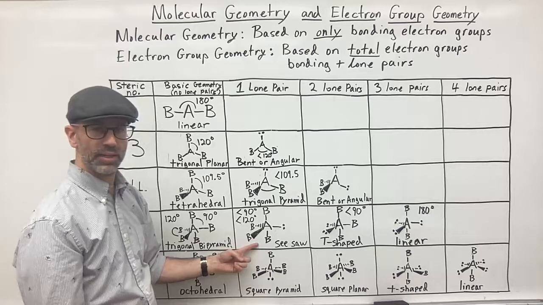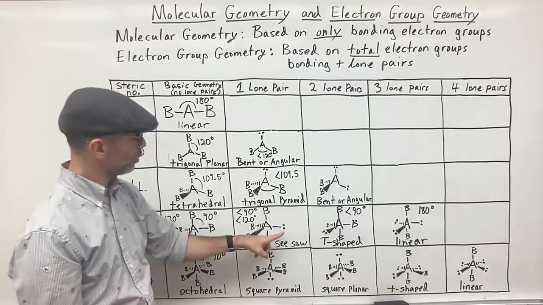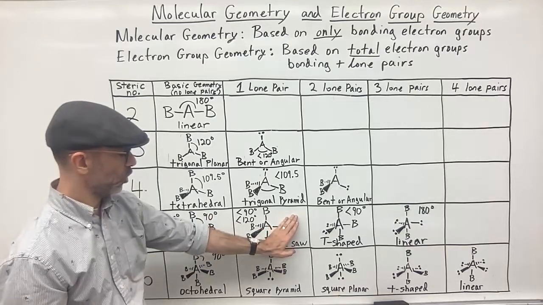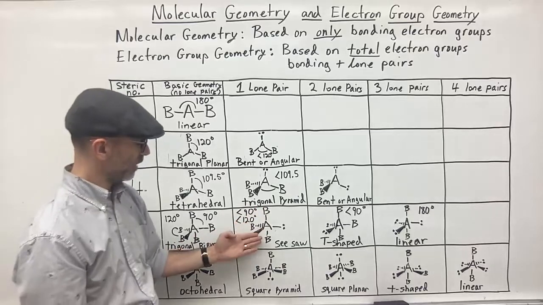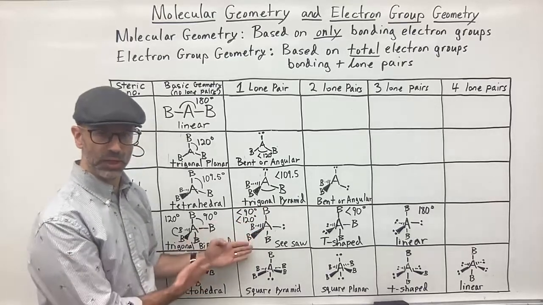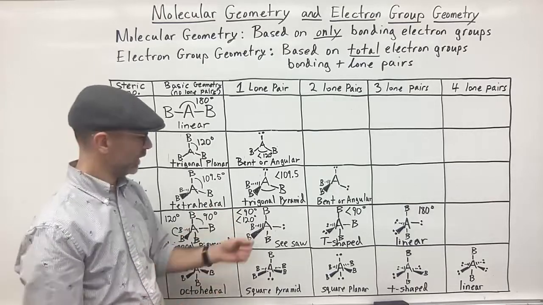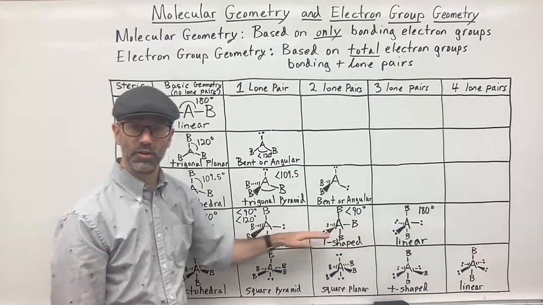That's going to be the trigonal bipyramid. But for the molecular geometry, we're ignoring the lone pair. We're looking at the shape of the bonded atoms. That's going to be a seesaw shape. So the molecular geometry is seesaw shape, but the electron group geometry is going to be the trigonal bipyramid. And then the same for these as well.